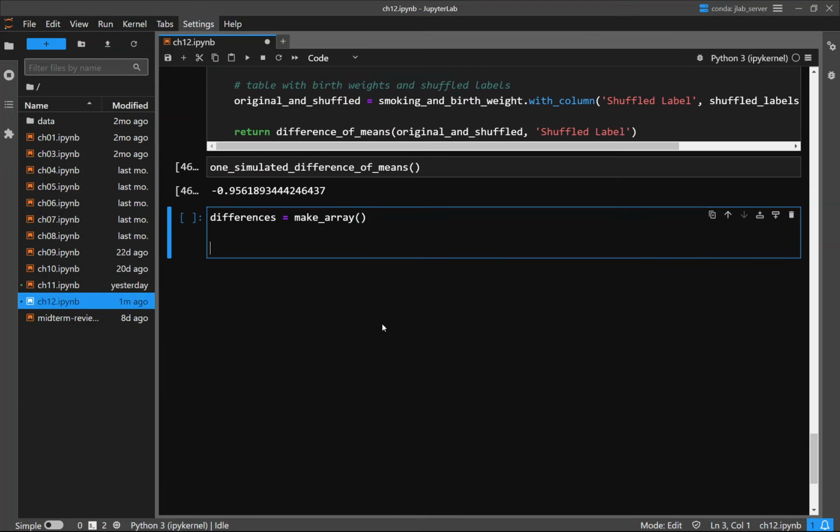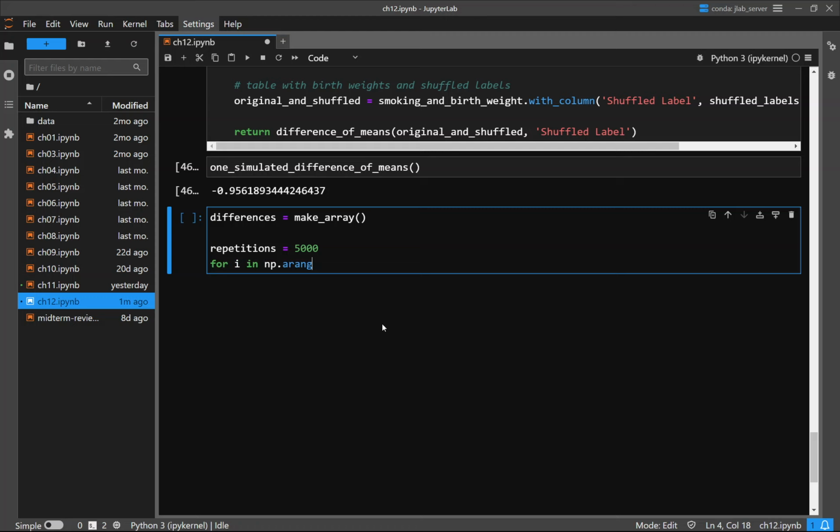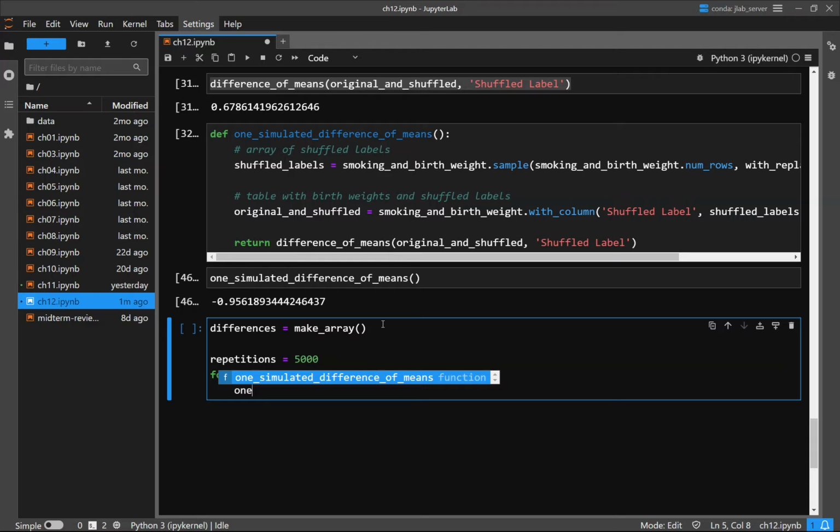So let's just do a bunch of those. Let's get a bunch of differences. Let's do this 5,000 times because it's going to take a little bit. For i in np.arange, repetitions. What I want to do is a simulation: get one simulated difference of means here and append that to my existing differences array.